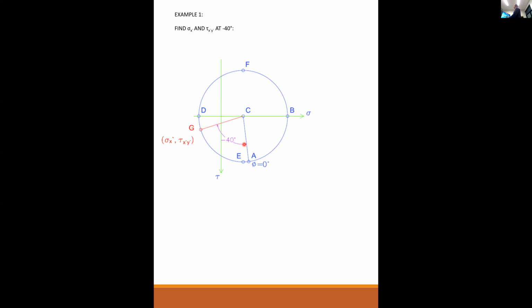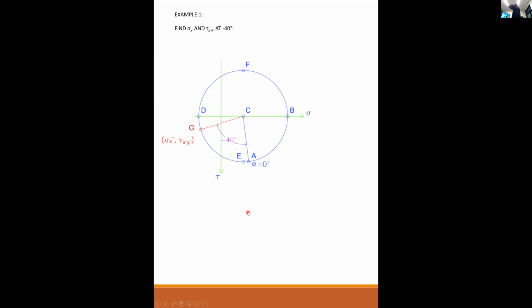Everything on the circle is 2 times what you're really looking for. So minus 40 degrees is drawn at minus 80 degrees. That's why you can see this is almost 90 degrees to this. This is 80 degrees on the circle. And this point G is what I'm looking for: sigma x prime, tau x prime y prime at minus 40 degrees.